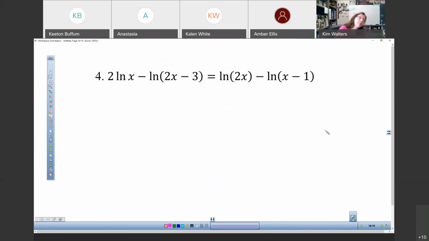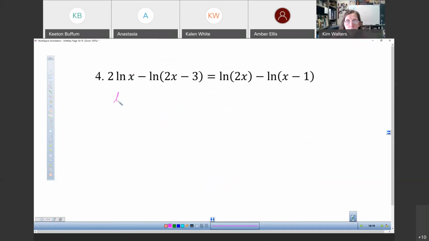This one we've got to condense both sides. Okay, let's do this. We're going to do it in pieces. The first thing is I've got my number, it needs to become my exponent.